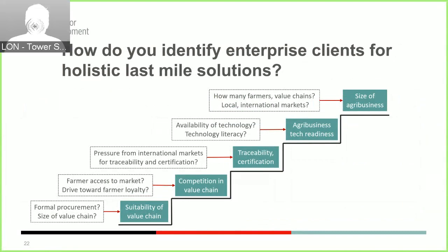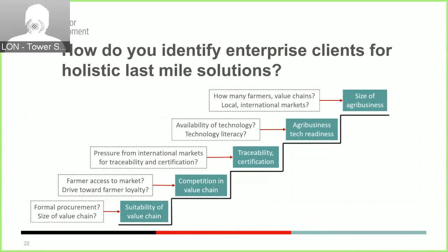Here we want to highlight the process, and along it the quick questions that a solution provider must ask. By asking these questions, you may find that early adopters of last mile digital tools may only require basic solutions, for example, bulk payments or messaging platforms. Eventually, this process can lead to the identification of customers looking for more holistic enterprise platforms.